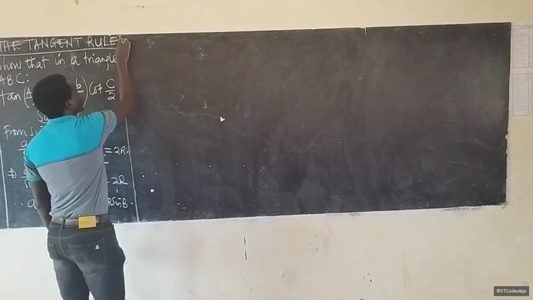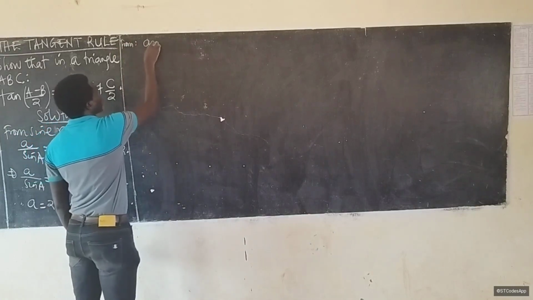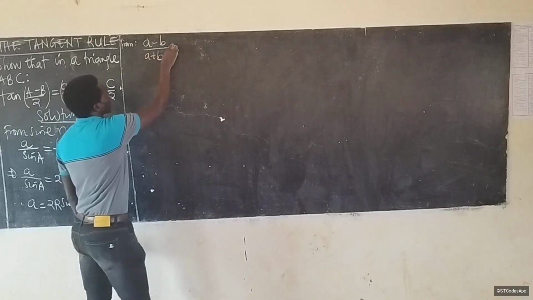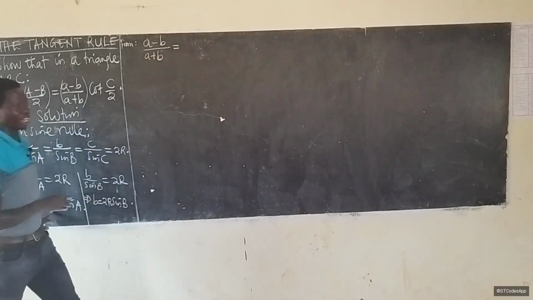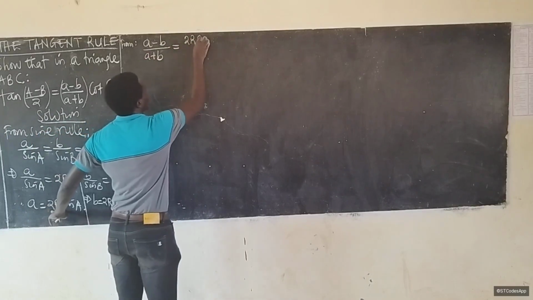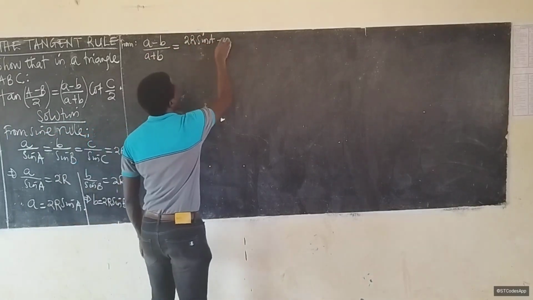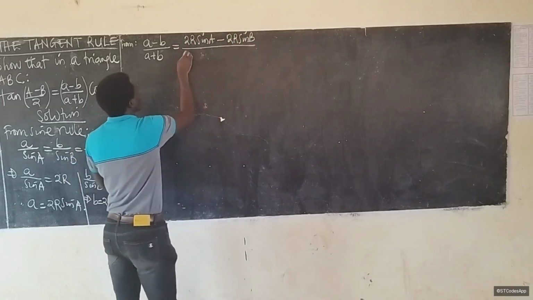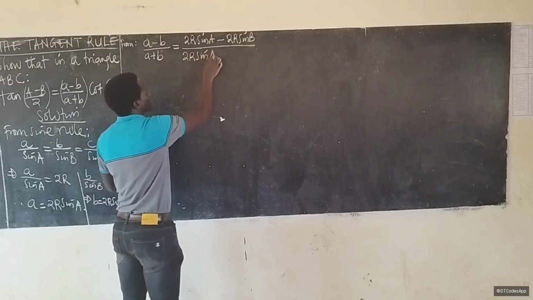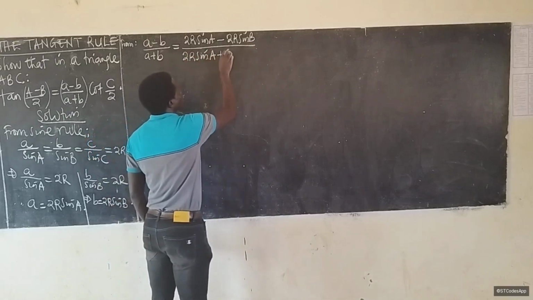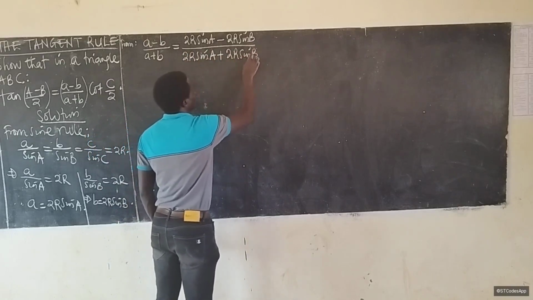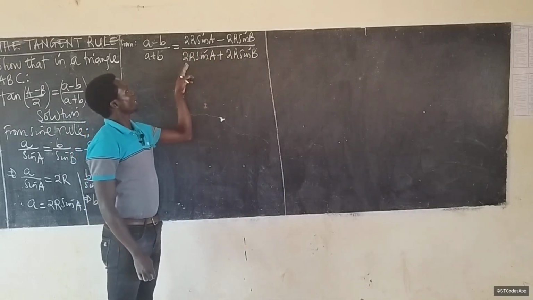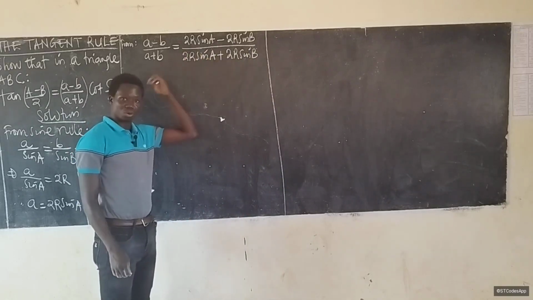From the fact that I have a minus b out of a plus b, this one becomes 2R sine of capital A minus 2R sine of capital B out of 2R sine of A plus 2R sine of B. We see that here there is 2R, there is 2R. We can factorize it out. The same down, we can also factorize it.